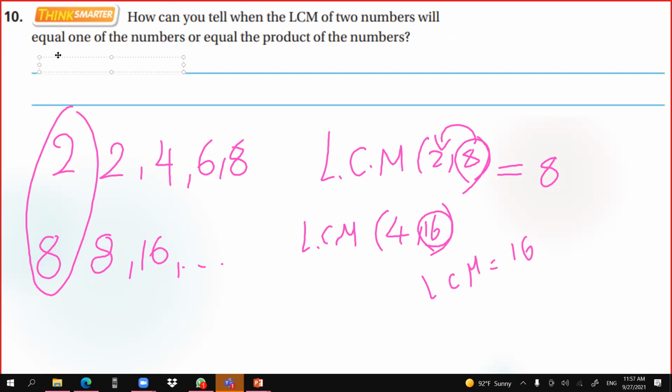So there's a rule here. We can say now, this is on page 19, that the LCM will equal one of the numbers when one is a multiple of the other.